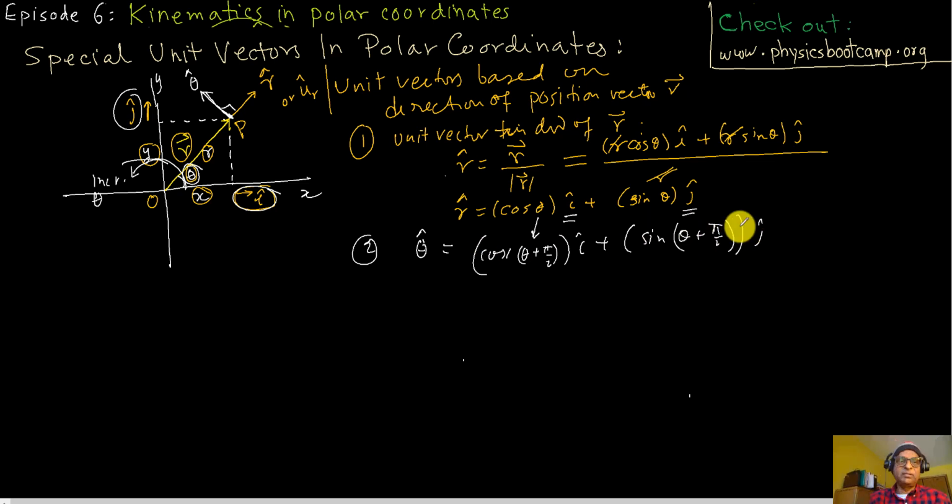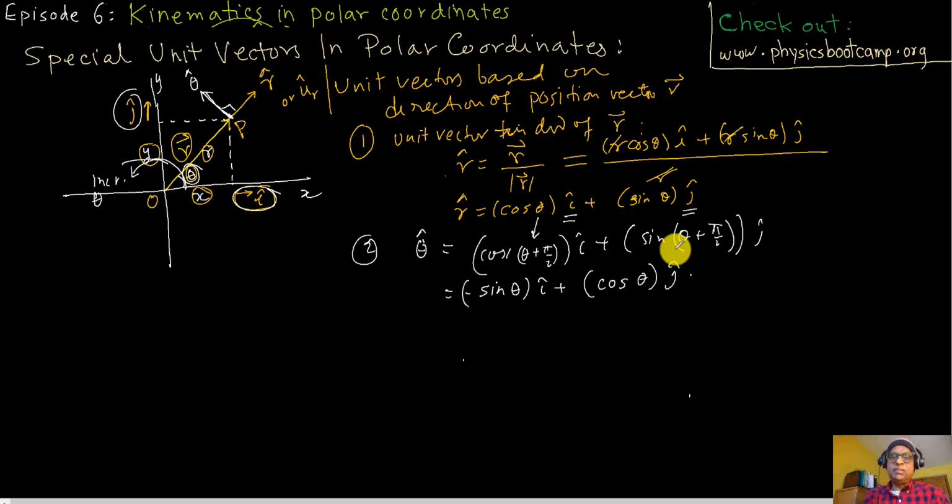You can expand this and see what it will be. Cosine becomes minus sine theta i hat, and the sine becomes sine pi over 2 cosine theta, so this is cosine theta j hat.